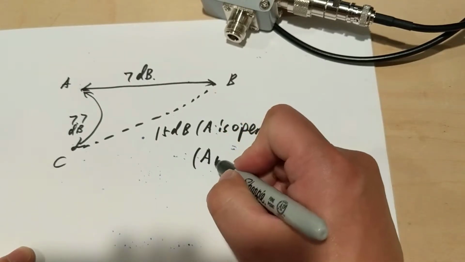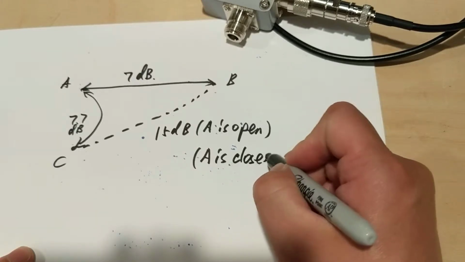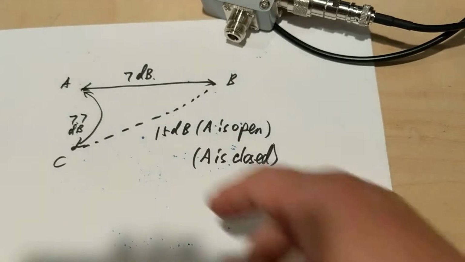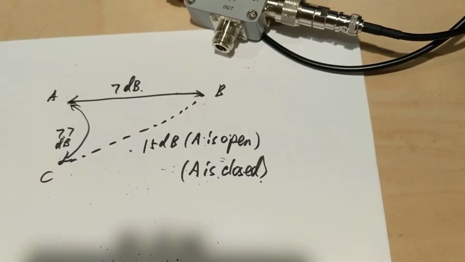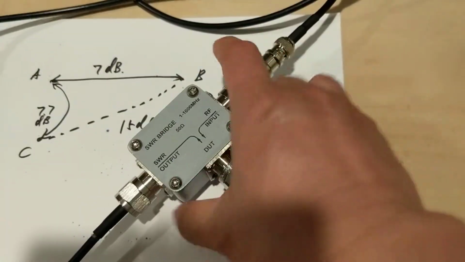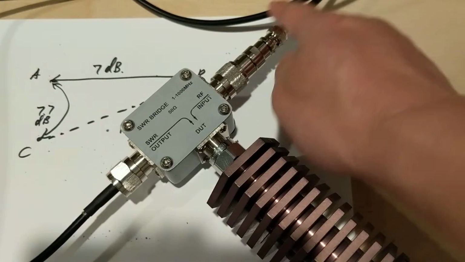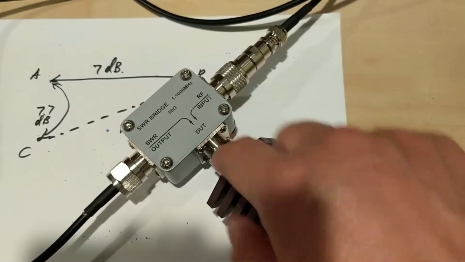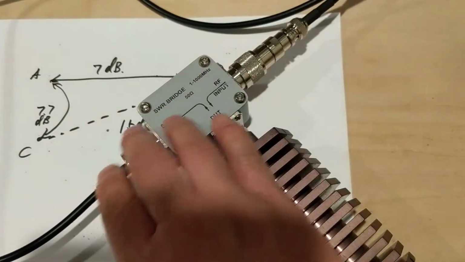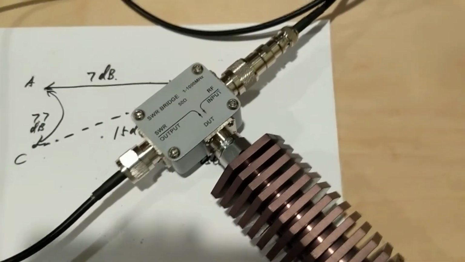Now let's see A is closed. Closed means that there's a dummy load here. So ideally, it will suck all the signal out, leaving very little to C. Okay, this is the setup. B feeds to the C, but B feeds the signal to A, and this dummy load takes all the signal out, and leaves a little bit bouncing back to here. Let's see what's the result.